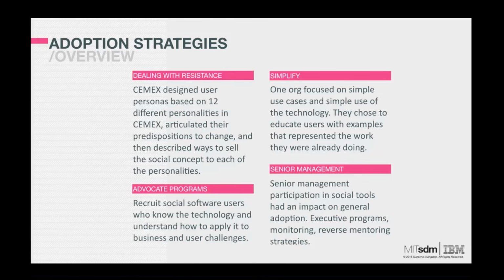For example, getting an executive a mentor to help walk them through what it's like to use the technologies, what examples of other executives are utilizing the technologies for, how they can gain benefit, and give them someone to ask questions of that shows that they understand what the tool set is capable of doing.